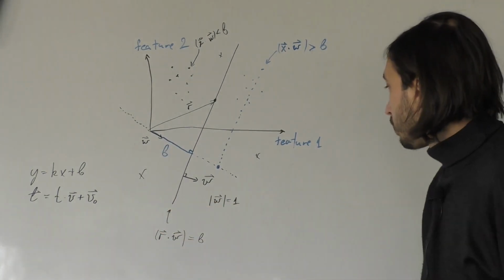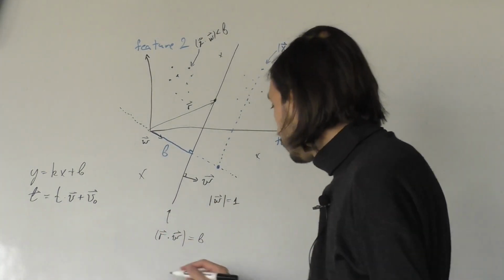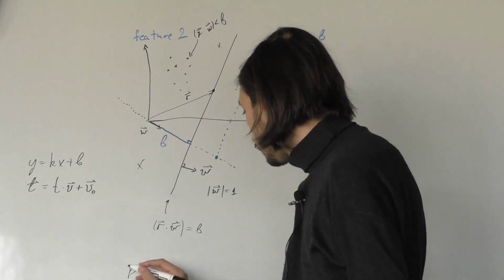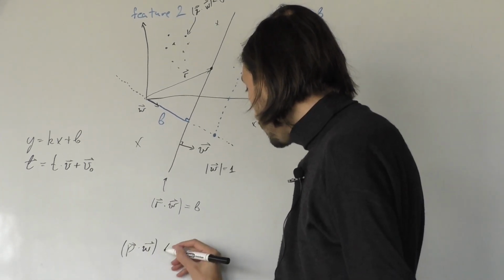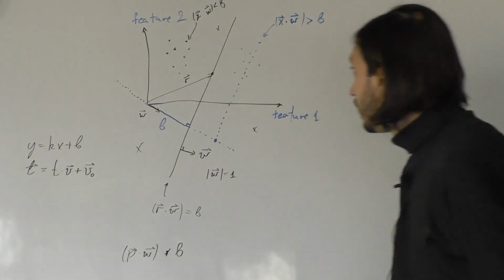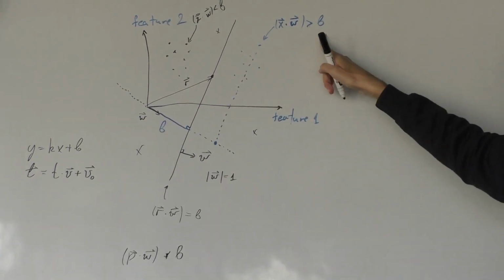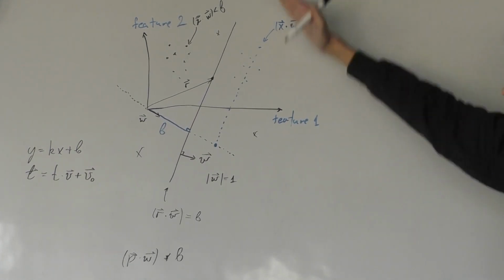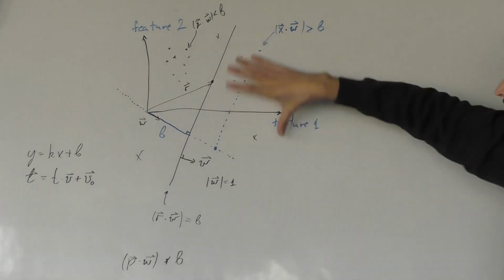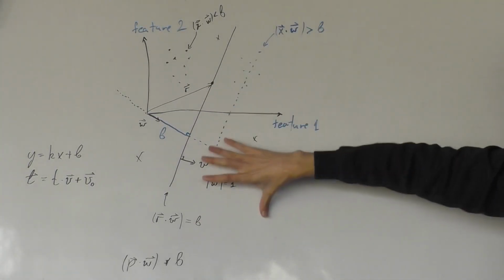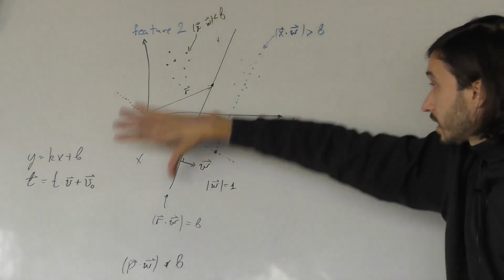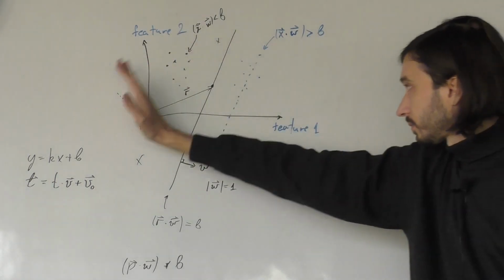So when getting some point, let's call it p, I perform p times w, and I'm comparing that with b. If I get something greater than b, I'm saying that it should be classified as class blue. So this half of the plane will be classified all as blue points. If it's less than b, I'm classifying that as class black, so this part of the plane.